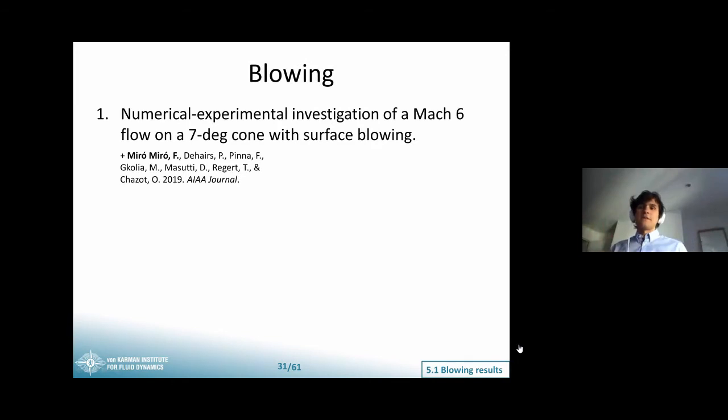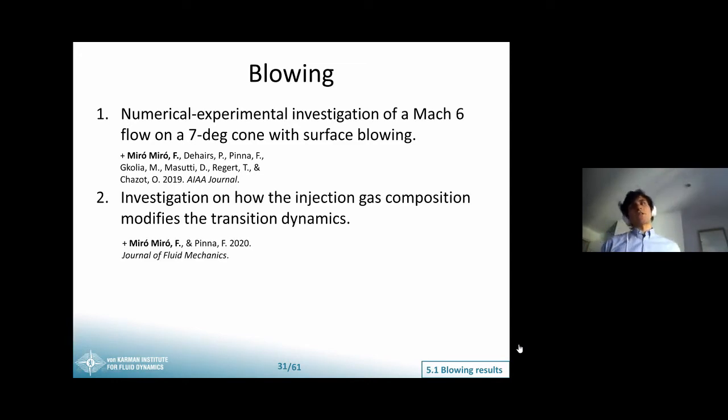So there were three main lines of research that we followed, which also coincide with the three subsections of Chapter 9. The first was a numerical experimental investigation of a Mach 6 flow on a 7-degree cone with surface blowing, which we published last year at the AIAA journal. The second was an investigation on how the injection gas composition modifies the transition dynamics, and this just got recently published at the Journal of Fluid Mechanics.